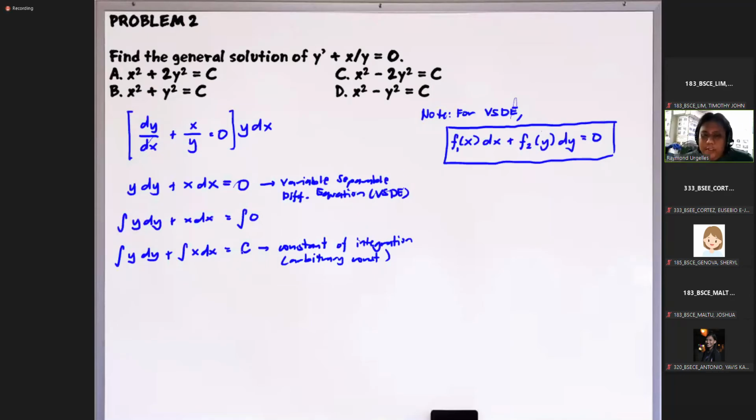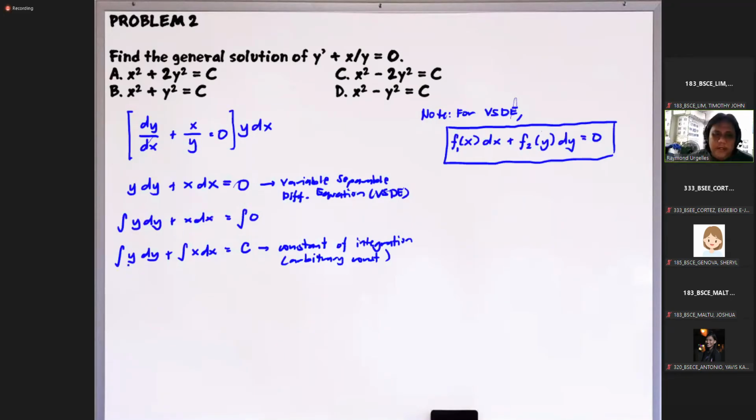Kasi for example, yung C na minultiply ng 2, naging 2C. This is still a constant, so pwede natin yung palitan ng C ulit. Basta the result is still a constant, binabalik lang natin siya sa form na C. Any questions dito?